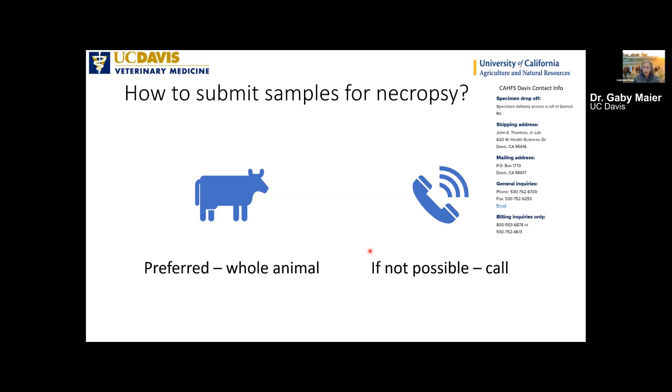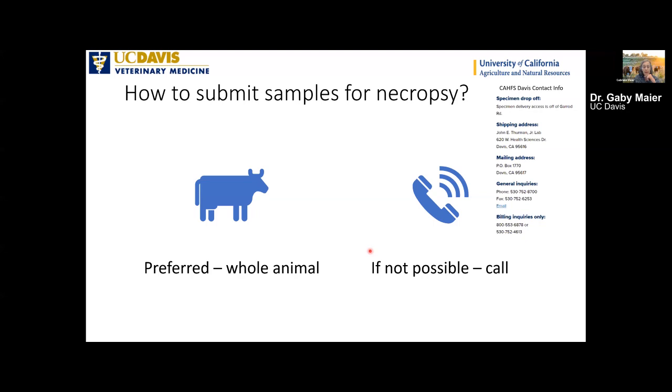But it's recommended that you first get in touch with one of the pathologists. So give them a call and talk the case through with them so that they can give you advice on what kinds of samples are best to submit for your particular case. Here on the right is the CAHFS contact information, and you can look that up online.